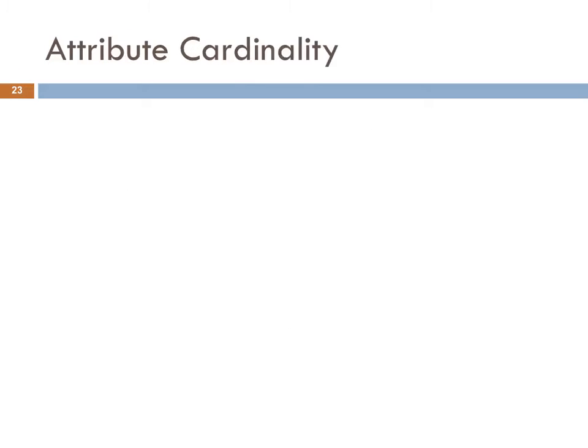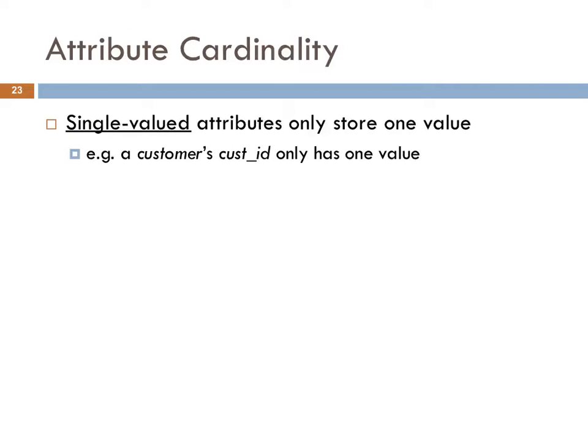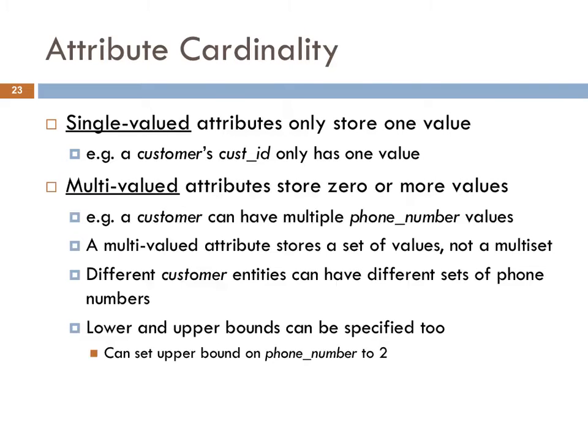Then you have single-valued attributes. That's what we've been using all term. Right? So customer ID, you only have one value. Customer name, I only have one value. But then in the entity relationship model, you can also have multi-valued attributes. So you can say customers can have 0 or more phone numbers. So now I have a set of phone numbers that I can associate with a particular customer. Okay? So this is really nice.